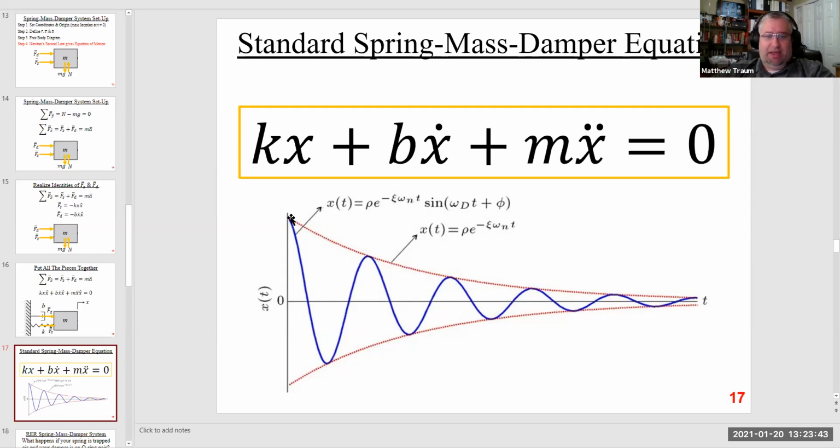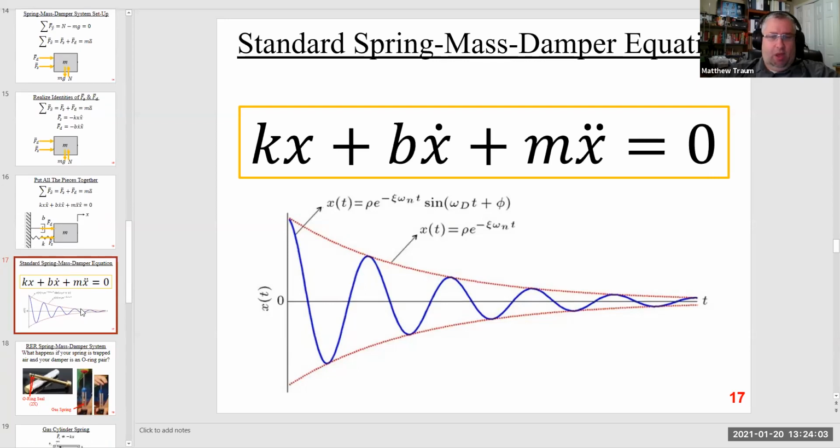Right now it's underdamped, but you could cause it to be overdamped or critically damped, depending on what those values are. But in general, the behavior is an oscillation back and forth around x equals zero, and eventually it'll settle to x equals zero after the energy you put into it has been dissipated. Okay, so any questions about the general spring mass damper equation?